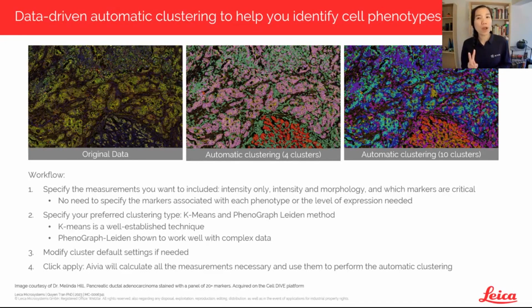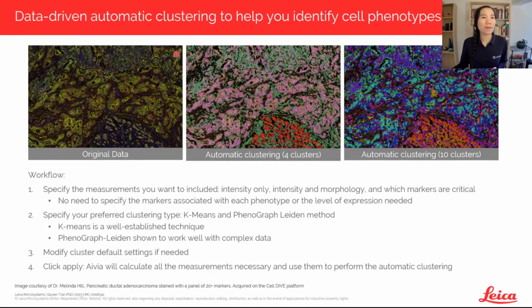You also have 2 options of clustering methodologies here: K-means, which is a well-established methodology, or PhenoGraph-Leiden, which is relatively new but has been shown to be effective with complex high-dimensional data. Each method here is going to be loaded with default settings, which you can modify if you wish. And then once applied, Aivia is going to pull all of the measurements that are necessary and then begin to cluster your cells into your phenotypes for you.